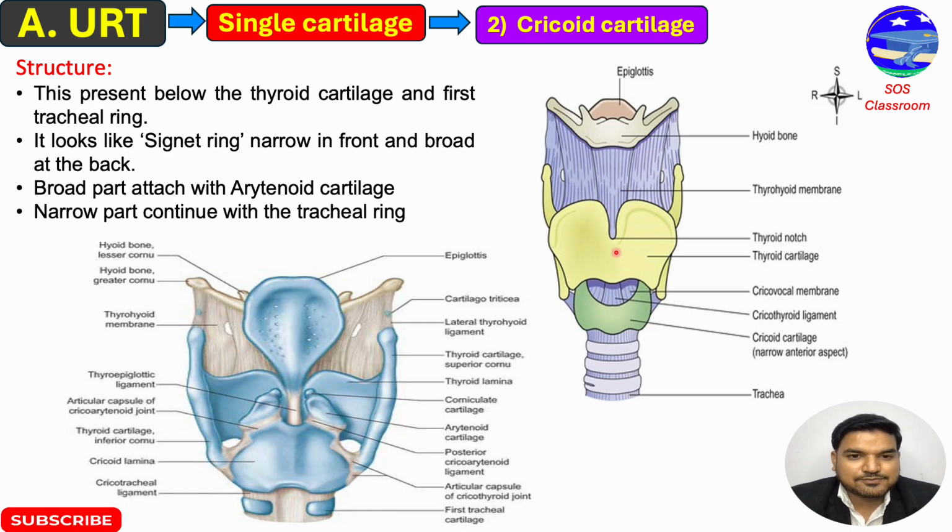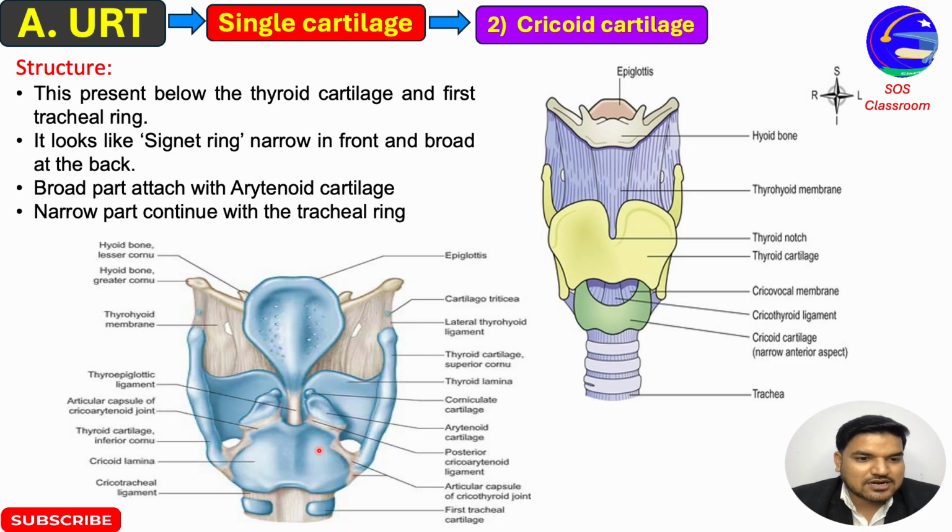The cricoid cartilage is present just below the thyroid cartilage, and it is also called the first tracheal ring. It looks like a signet ring. In a signet ring, the front is narrow and the posterior portion is broad. You can see the anterior portion is narrow compared to the posterior portion.